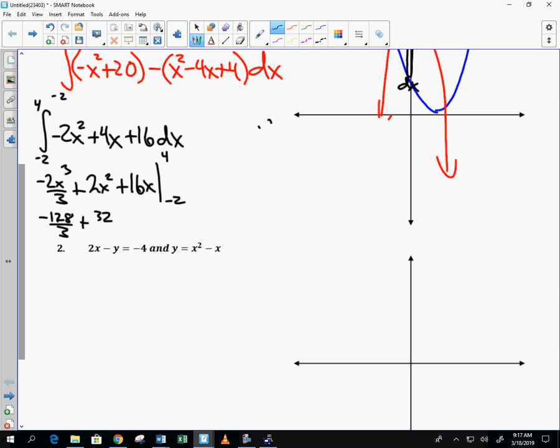You want to do the thirds? Okay, we'll do that. So D. Weiland says we're going to do 96 over 3 plus 4 times 16 is 64. All right. Times 3 is 192 over 3. And we need to subtract. Now I plug in negative 2.